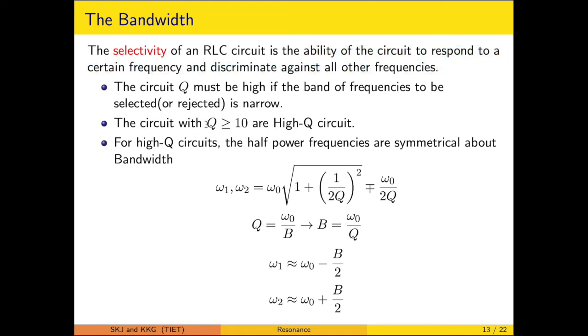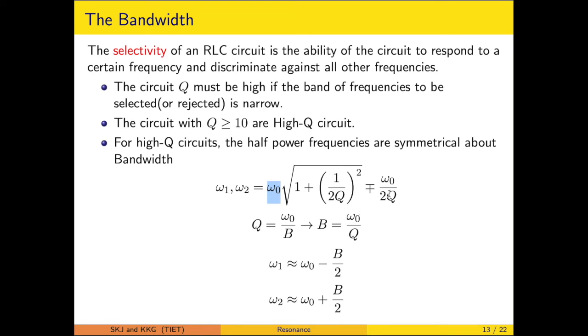Now if the circuit Q is greater than 10, it is regarded as a high Q circuit. For the high Q circuit, in the expression we discussed in the last slides, we simply substitute Q greater than 10. So this contribution approaches 0, resulting in only the omega 0 value.